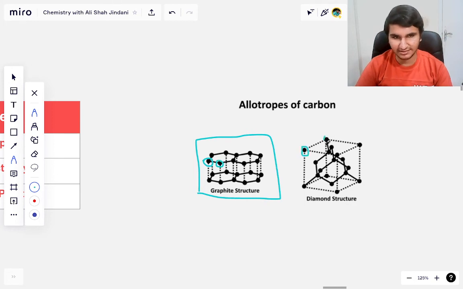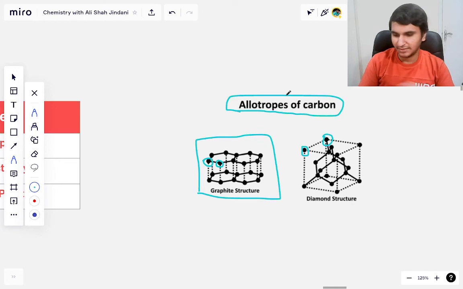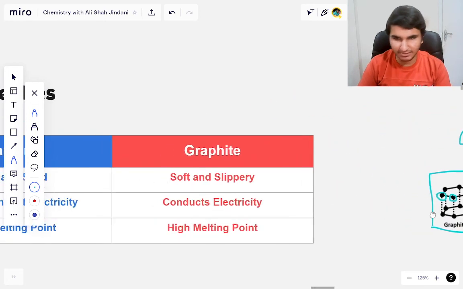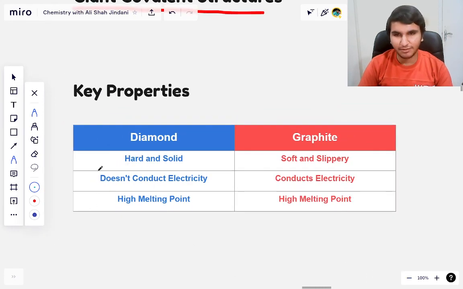That is why we call them the allotropes of carbon. What is an allotrope? It means they are two forms of the same element, carbon. Now, if we talk about the differences between the properties, diamond, as we all know, is hard and solid, whereas graphite is soft and slippery. It is solid, but it is soft and slippery.